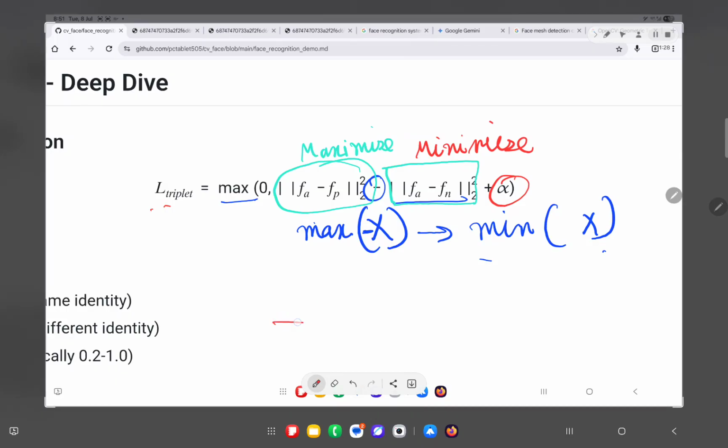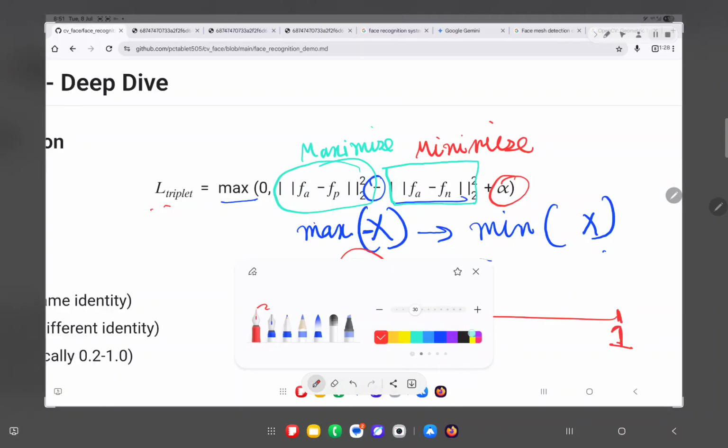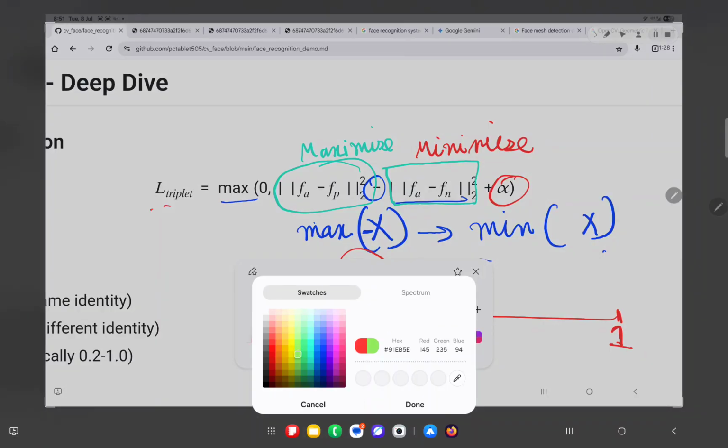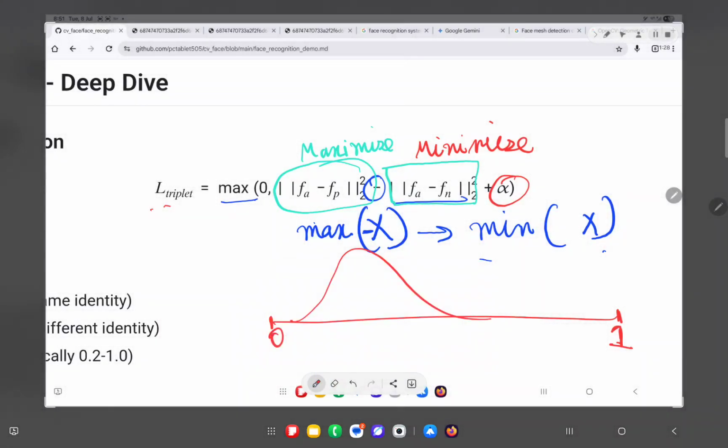For example, when we plot the distribution for similarity, the highest similarity could be 1, the lowest could be 0.